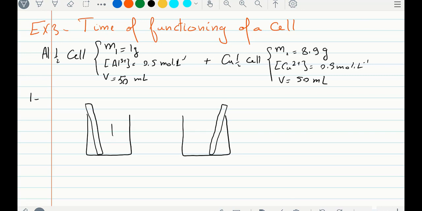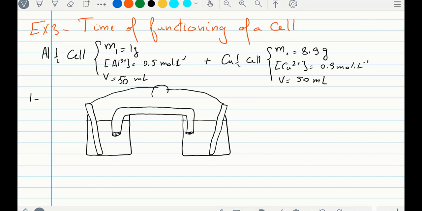We connect the two solutions with the salt bridge. We draw the level of solution in each half cell. We connect the two strips with an ammeter A.